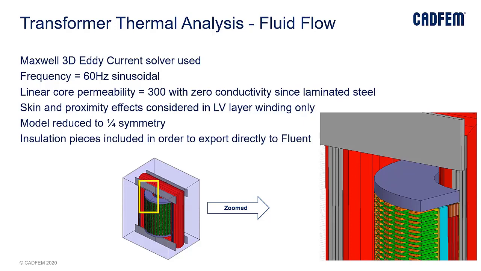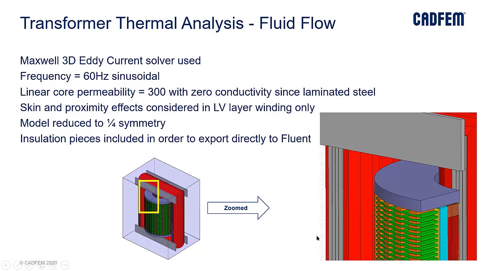Here you can see an example which we built using the eddy current solver. This transformer is at 50 hertz, 60 hertz frequency, and here we are using a linear core permeability with zero conductivity with a laminated steel. We are considering both skin and proximity effects for the LV winding only. You can see how we are modeling the windings.